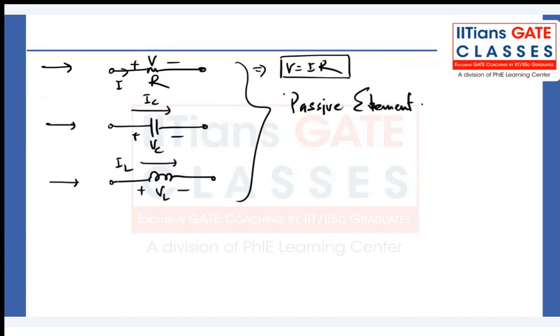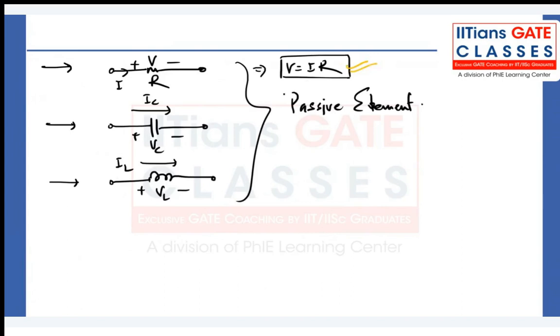So if you know the basic relationship between voltage and current for these elements, such as the resistor, capacitor, and inductor, that is enough. In the case of the resistor, the basic relationship is V equal to IR.